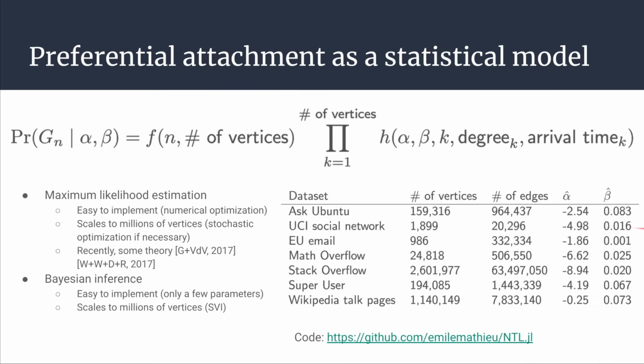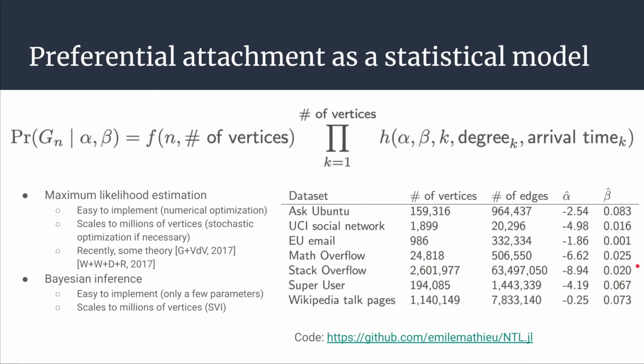So just to illustrate, we have a collection of temporal data sets, so data sets with timestamps, and when we have the arrival time observations for the vertices, you can see that even in the case of this Stack Overflow data set with 2.5 million vertices and 63 million edges, we can do maximum likelihood estimation of the model parameters.